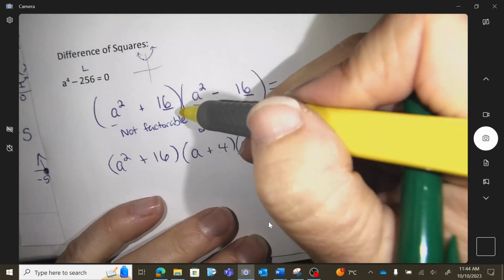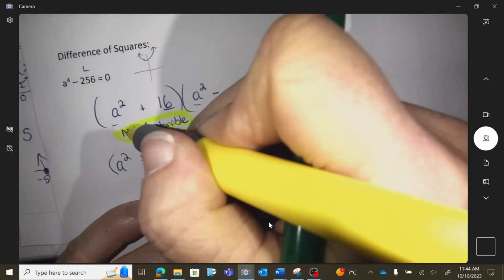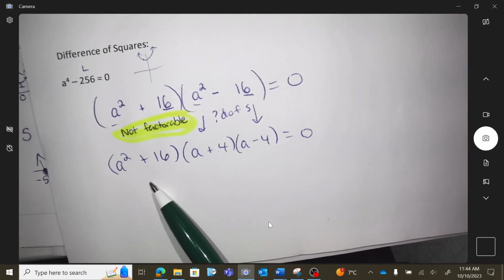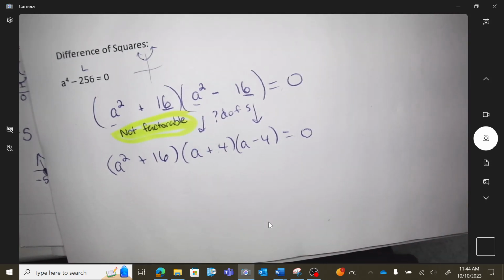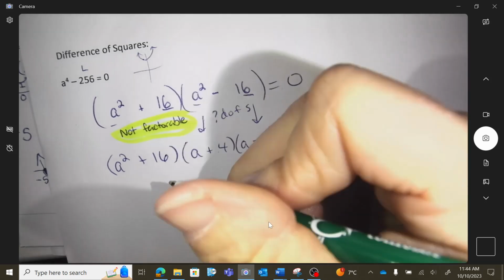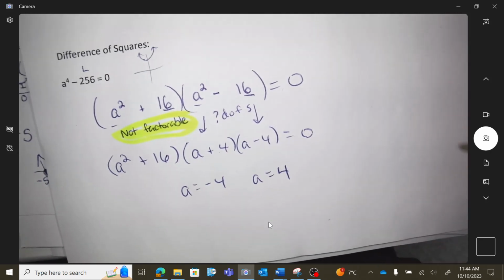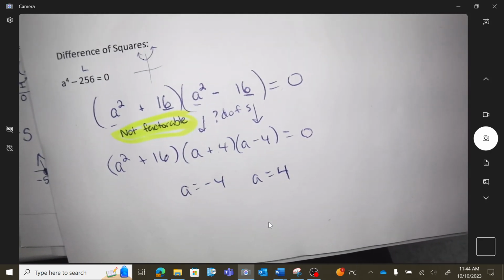Okay, I'm going to highlight that because I get this on the test where people get stuck there. It's not factorable, that one, so it just gets rewritten. So no, hey, that's a this type, that's a this type. Look at that, it's not one of our types. So A equals negative 4 or positive 4.